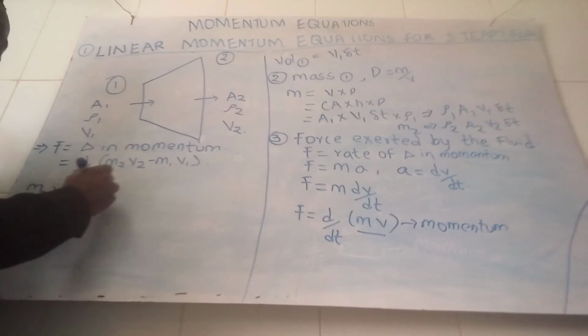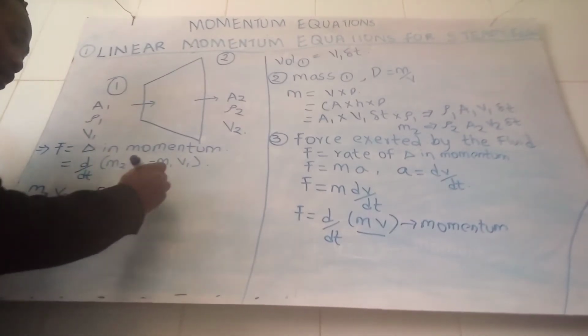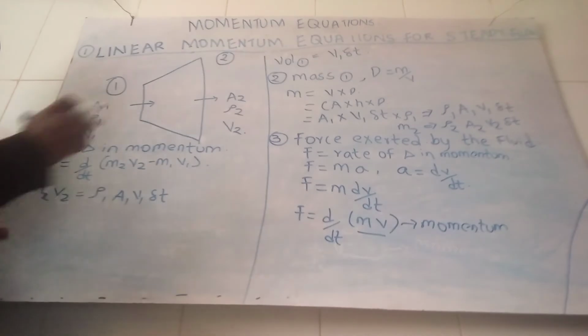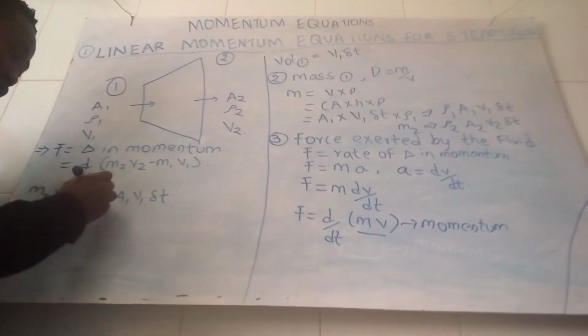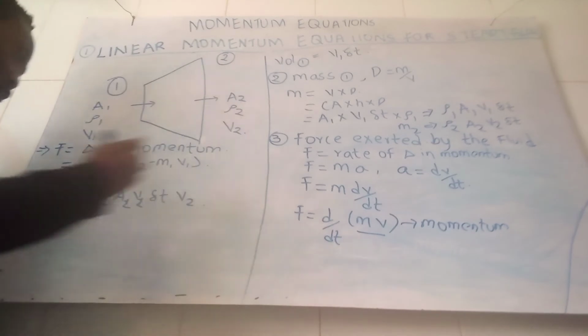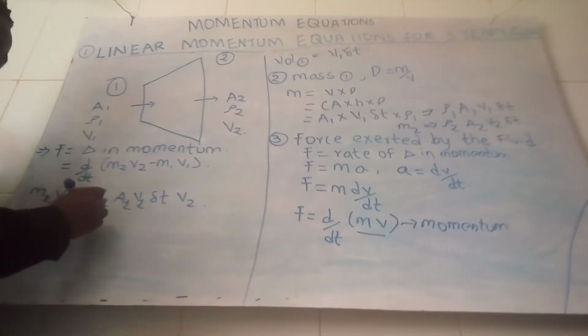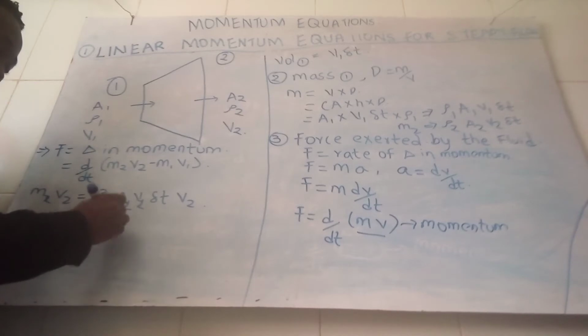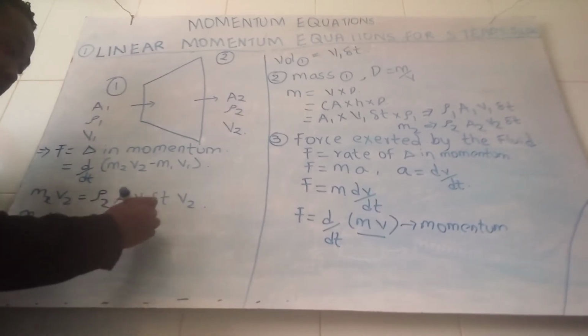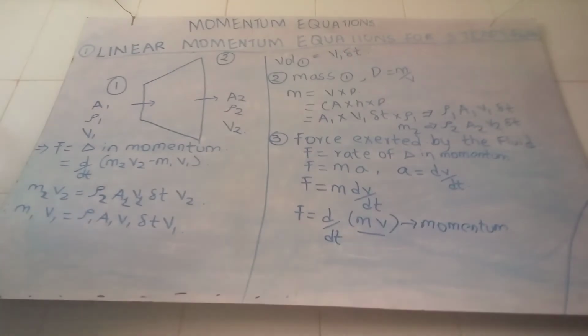That is density 1, area 1, v1 differential t, multiplied by v2, while m1 v1 is given by density 1, area 1, v1 differential t v1.